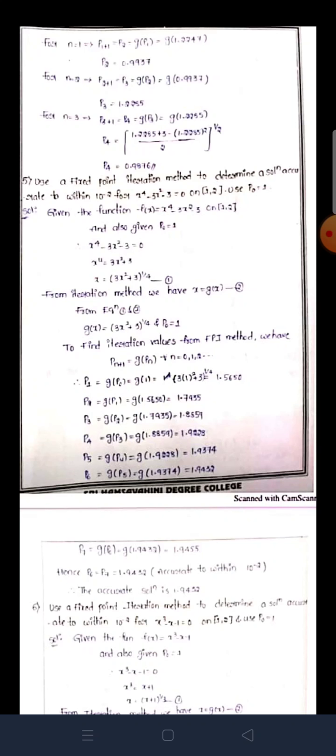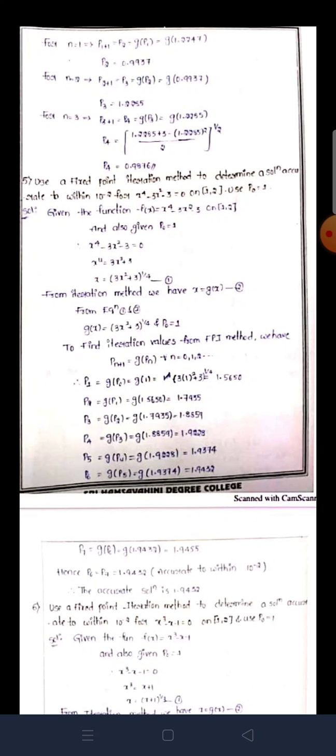P3 is equal to g of P2 is equal to g of 1.7935 is equal to 1.8559. P4 is equal to g of P3 is equal to g of 1.8859 is equal to 1.9228.